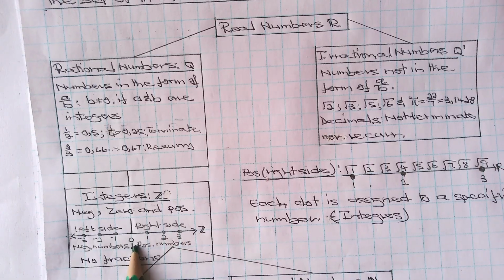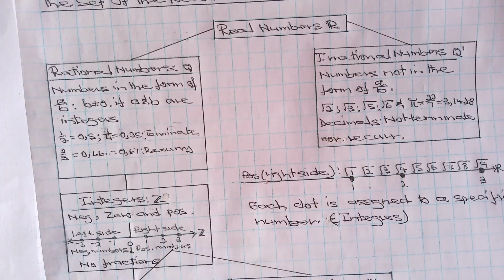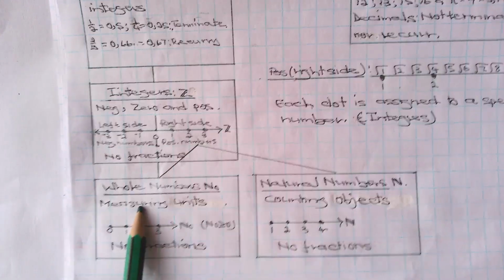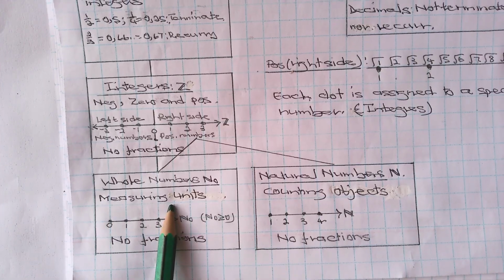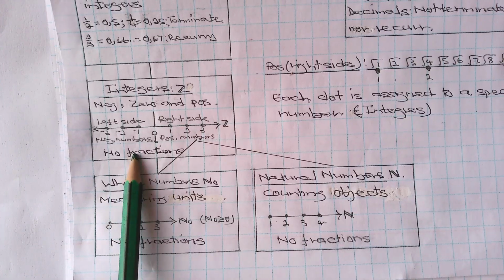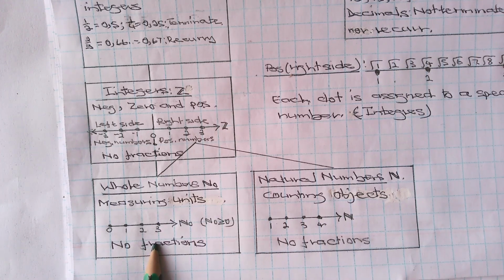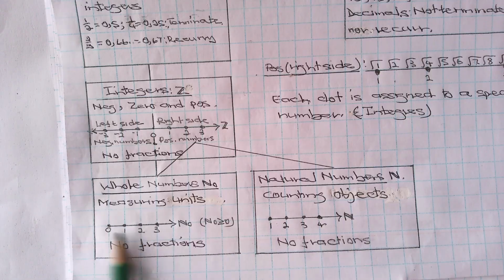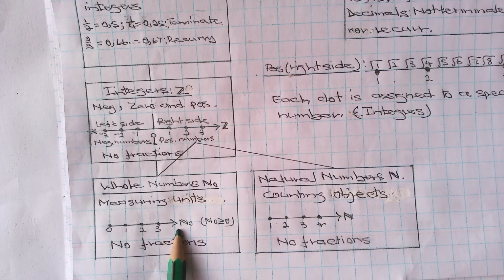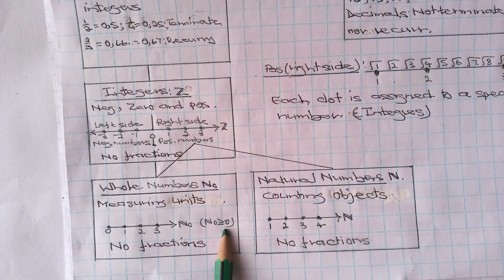Now, from the 0 mark to the positive right side, we have the set of whole numbers. These numbers are used for measuring units. There are no fractions here, and also there are no fractions here. The whole numbers begin from 0 in the positive direction, where whole numbers are equal to or greater than 0.